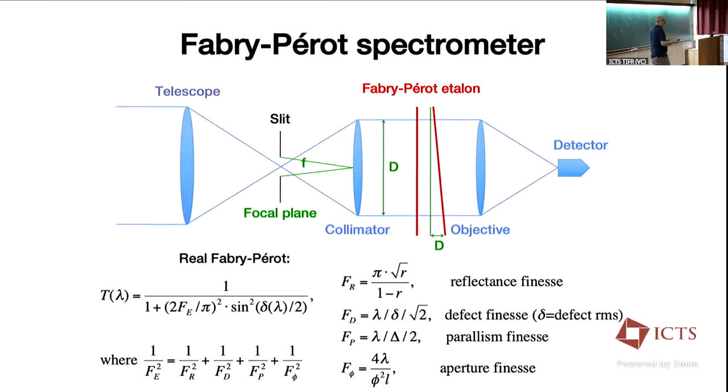All this decreases the finesse. So again, for the record, I will not go through the details here, but the Fabry-Perot has potentially the capability of very high resolving power measurements, one channel at a time, but you also have to control certain optical parameters in order to get the best possible resolving power.